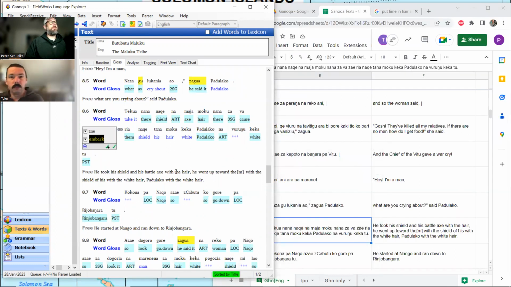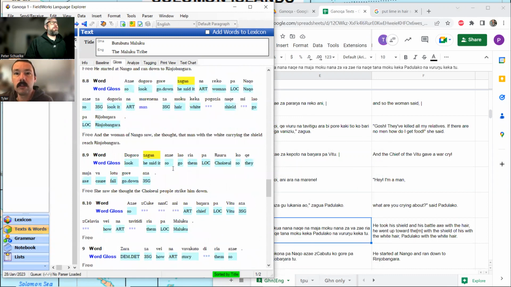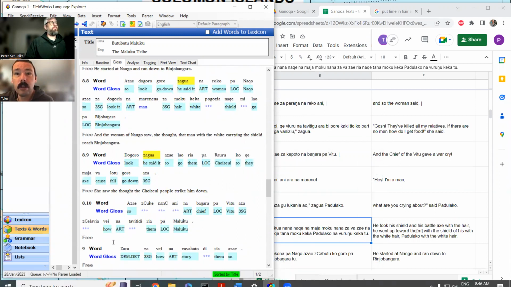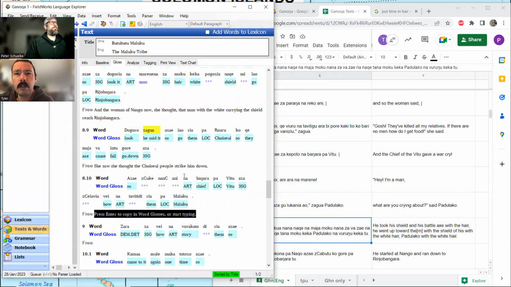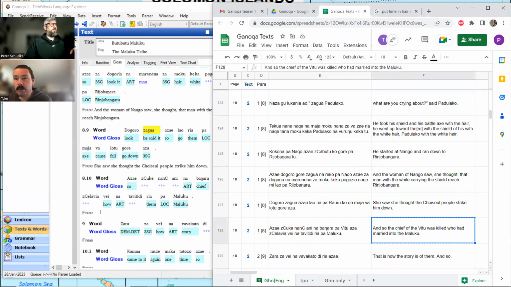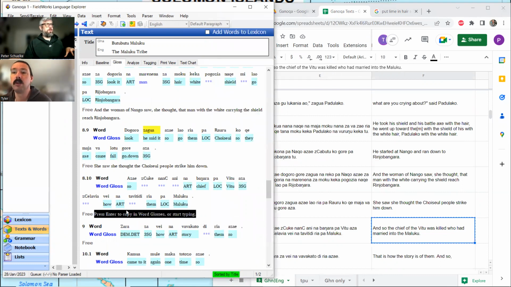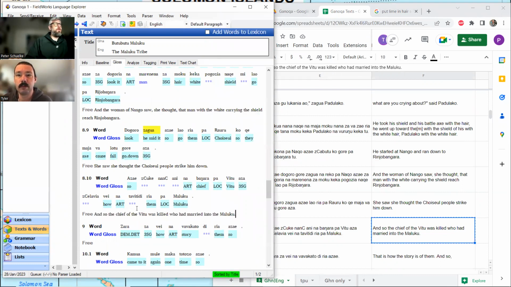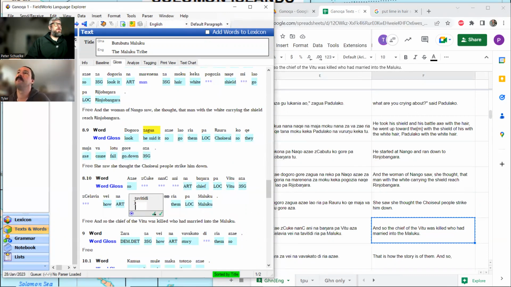All right, so let's see where we are. I think we're going to leave... So are we down that far? Moku cake. Okay. Doro. That's right. And so the chief of the V2 was killed, who had married into the Maluku Zuke. To be killed.